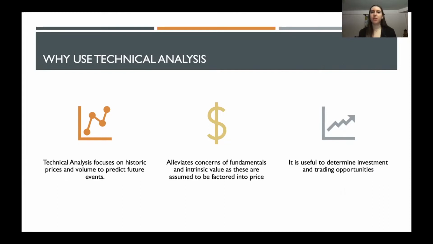We really do focus on the trends that we see in the historical data, and we believe that can tell us where the price movements will go, especially because that gives us an indication of where the supply and demand is for the stock and how it responds to movements in the market. So it's useful in that regard to identify future movements and find those investment opportunities.